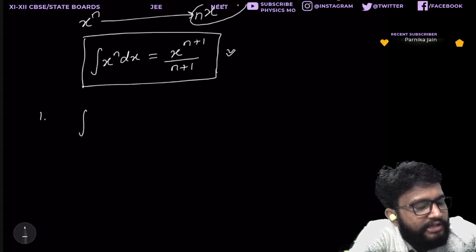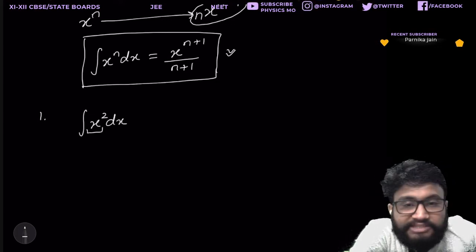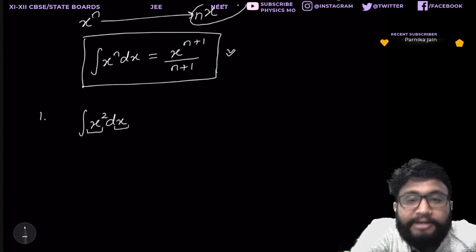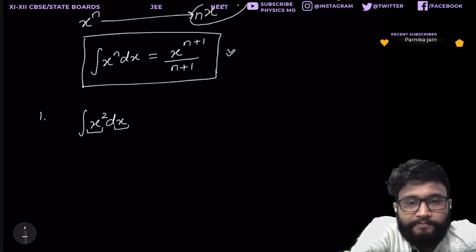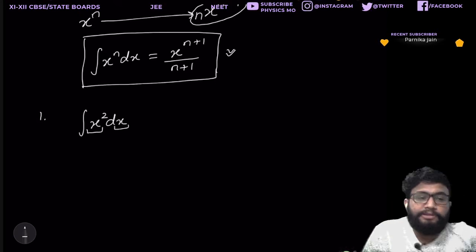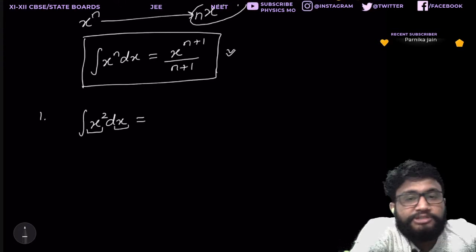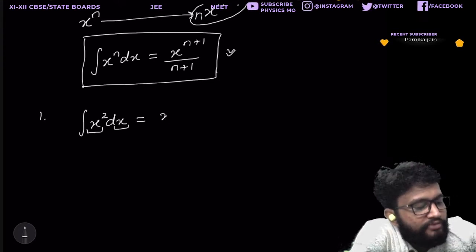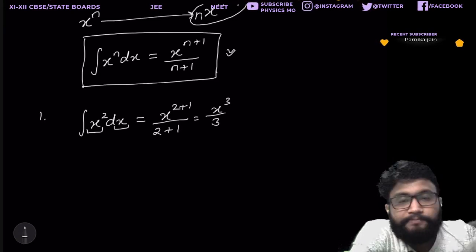If you are asked for integration of x square dx, please make sure that the variable x and the element dx are the same, otherwise there is no need to integrate that function; you can say that integration of this function is not possible. So integration of x square dx: according to this formula, you add 1 to the power and write that power below as it is. That means you have x cube upon 3.